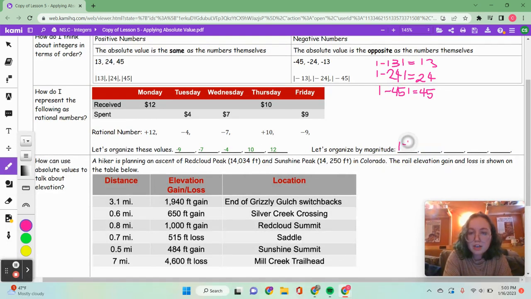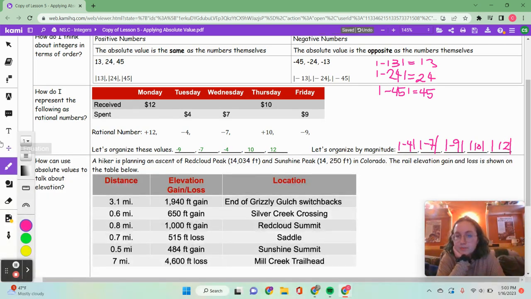So the absolute value of negative 4 is the least, and then the absolute value of negative 7, and then the absolute value of negative 9, and then the absolute value of positive 10, and then the absolute value of positive 12. And that's ordered by magnitude, because this is my smallest gain or loss, my second smallest gain or loss, my third smallest gain or loss. Just talking about the amount of money, I don't care if it was gained or lost.